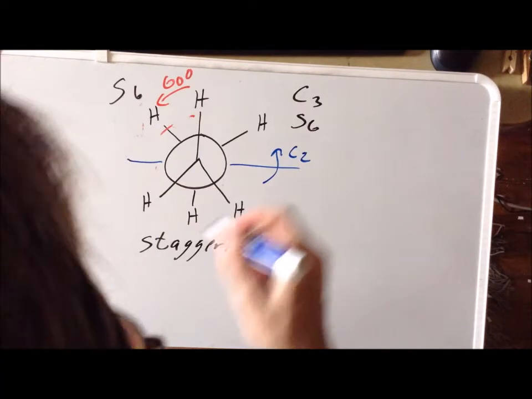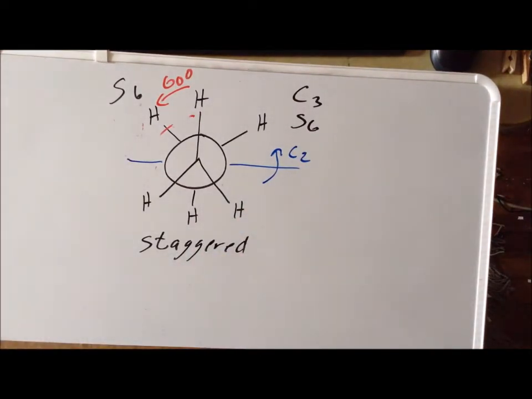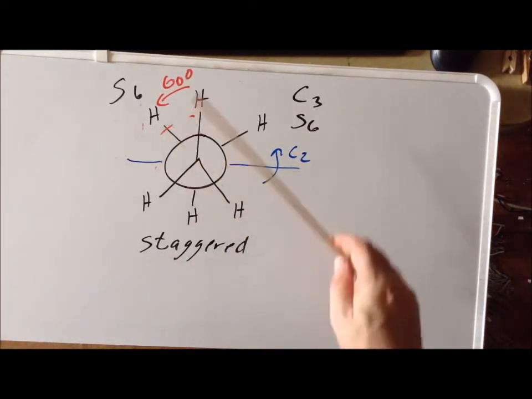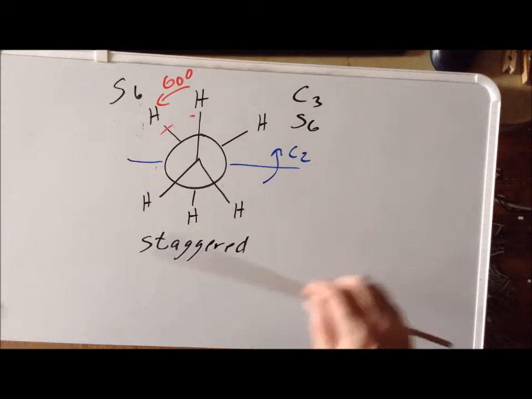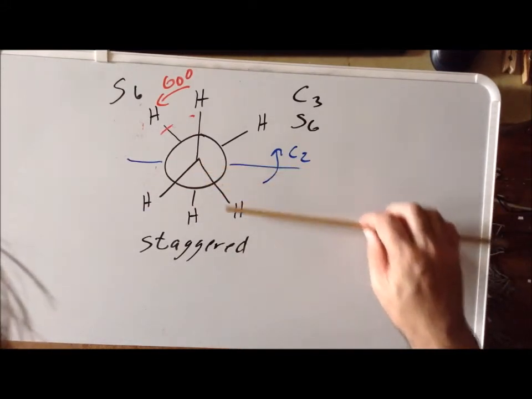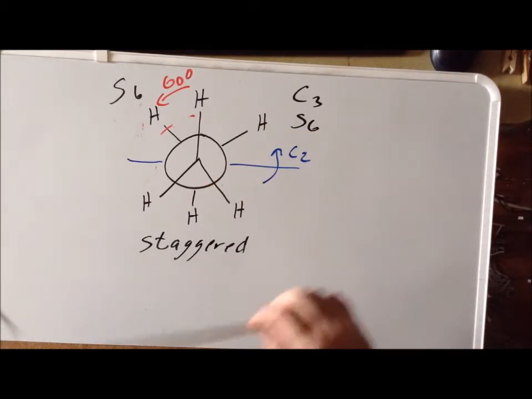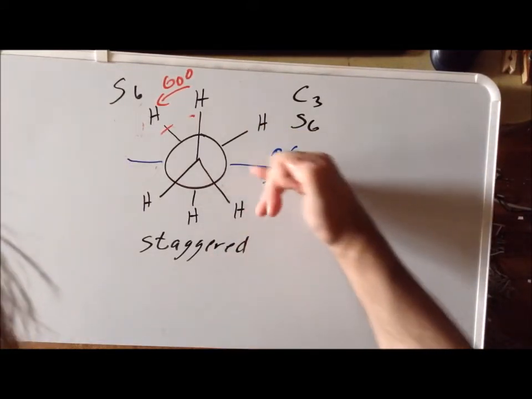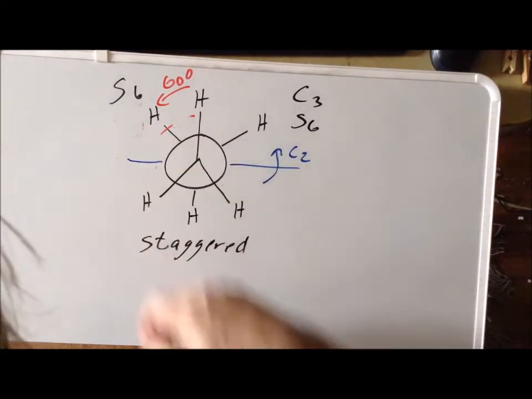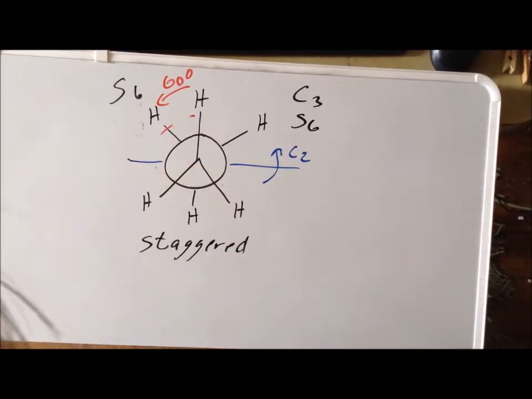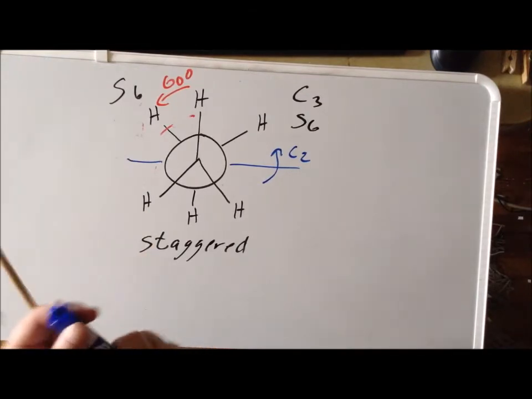So typically one of the places to look for C2s in Newman conformations is exactly halfway between a front hydrogen and a back hydrogen, or whatever the substituent there is going to be. So if I look along the bisector of that angle, that is a good spot to look for a C2. Do I have any other possible spots for C2s? Well, I have a possible C2 along here.